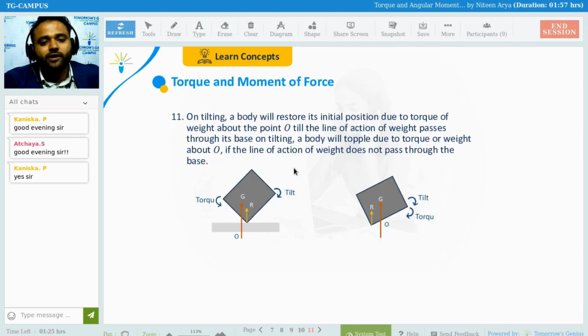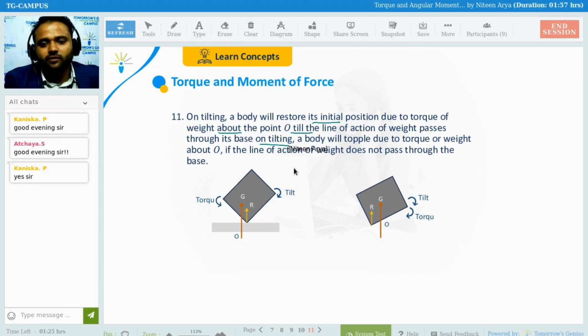Good. So now, on rotating or tilting, on tilting a body will restore its initial position due to the torque of weight about the point O, till the line of action of weight passes through its base.